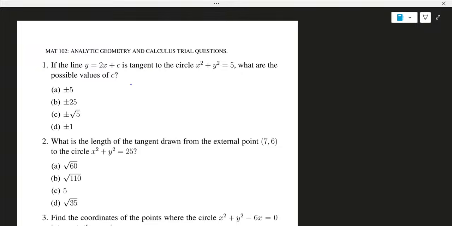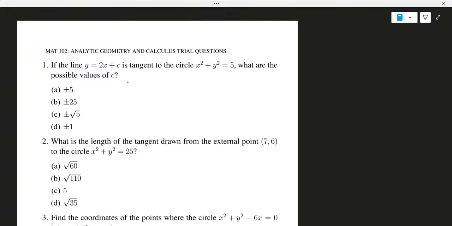All right, so let's begin with question 1. If you have any question, you can put them in the comment section, and then I will be able to check and look at it for you. All right, so let's move.